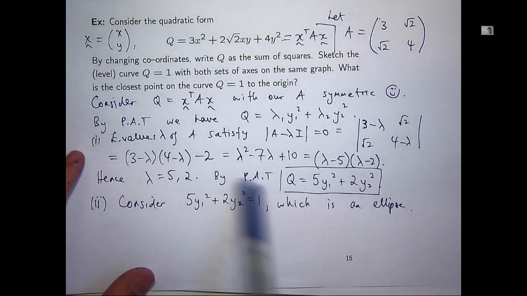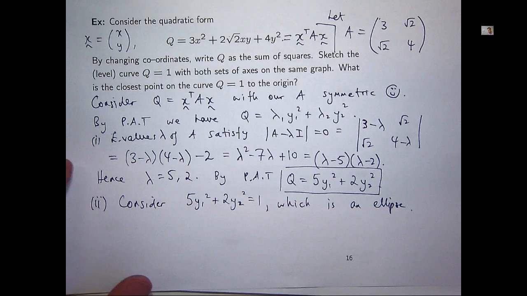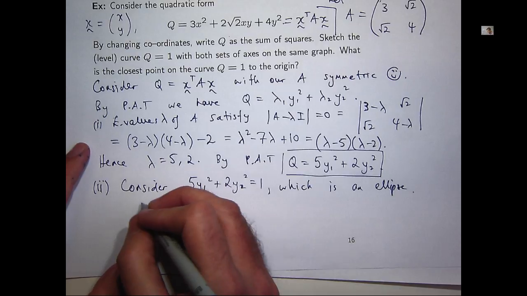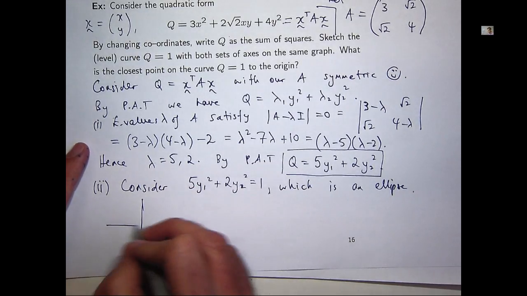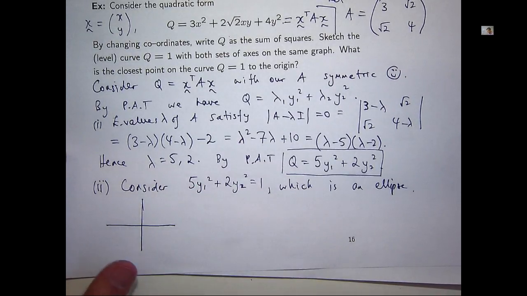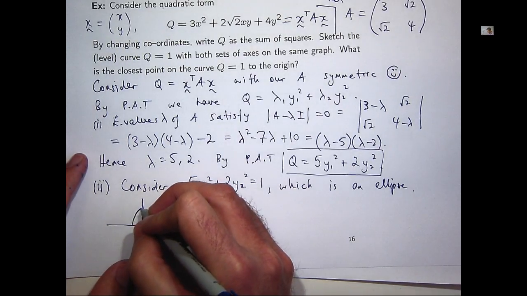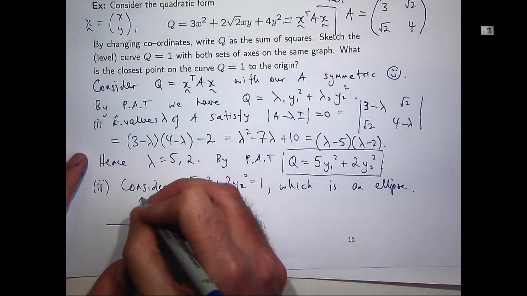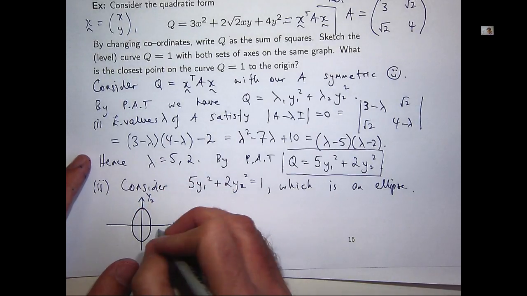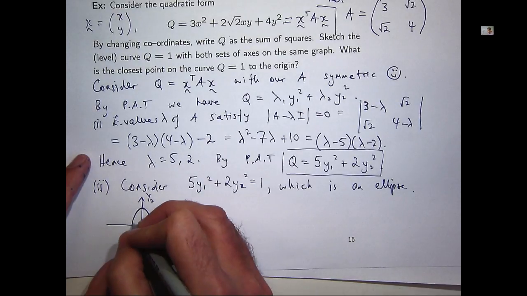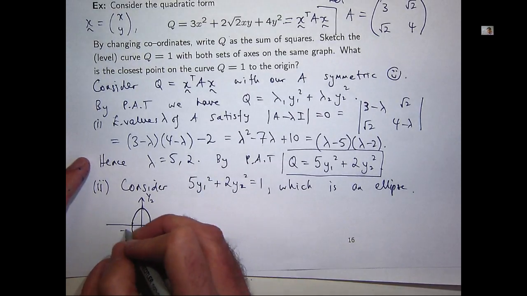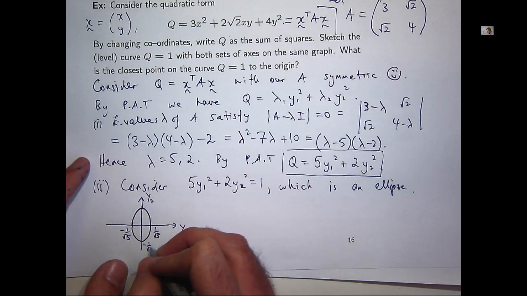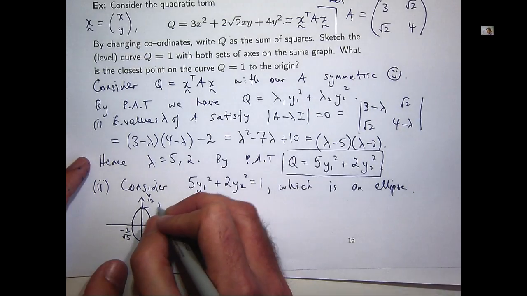Now, it's not too hard to sketch this in the y1, y2 plane in the new set of coordinates. You should get something like this. So this is positive 1 on root 5, negative 1 on root 5, 1 on root 2, and minus 1 on root 2.